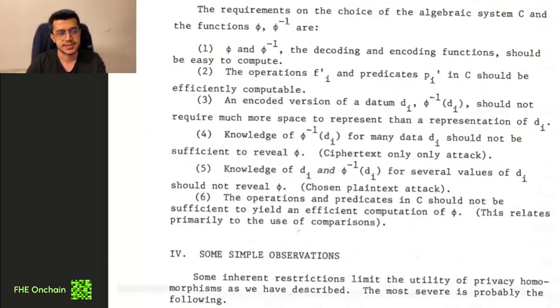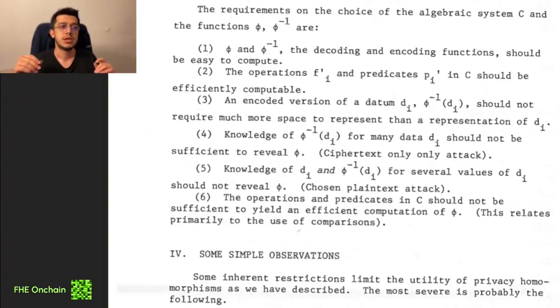Knowledge of the encoding of many data di should not be sufficient to reveal phi. This is the ciphertext-only attack, one of the very well-known attacks in cryptanalysis. Assume there is a case where you have only one single ciphertext: you cannot reveal any information out of the ciphertext regarding its plaintext version.